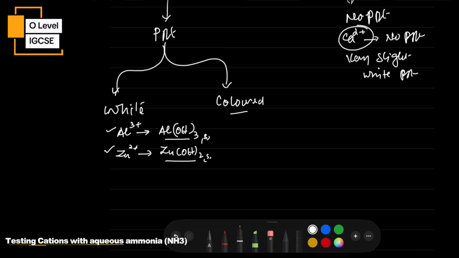In the colored group, copper 2 positive ion gives copper hydroxide as a pale blue precipitate. Then iron 2 positive ion gives iron hydroxide as a pale blue precipitate.